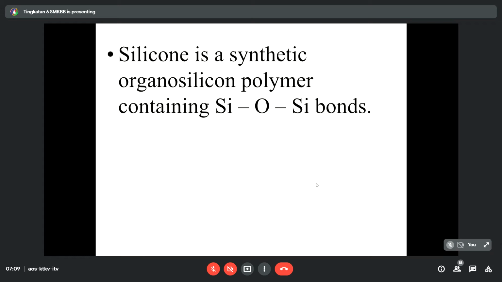So we would assume it can share with a maximum of 4 other atoms, joining with covalent bonds. Okay. So normally SiO will be the backbone of a silicone.